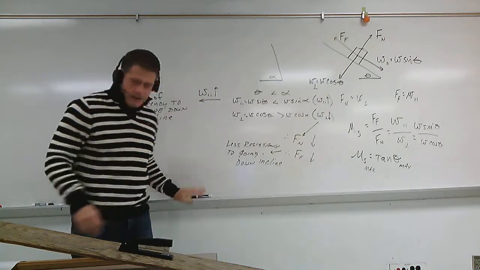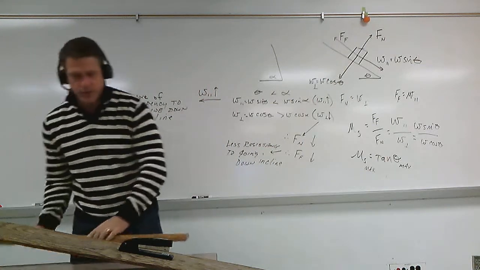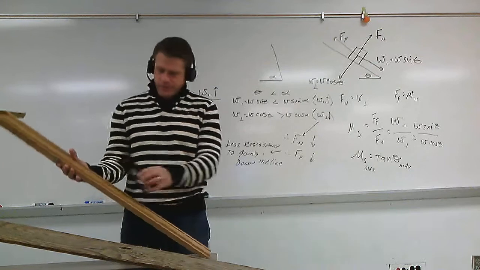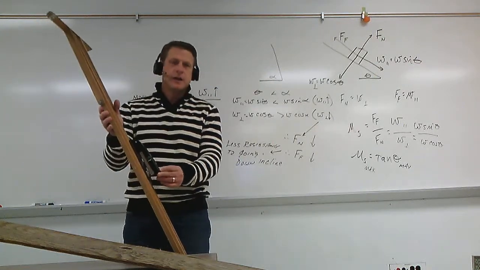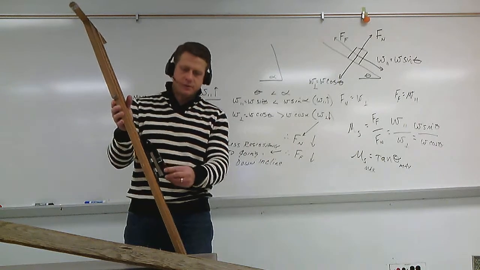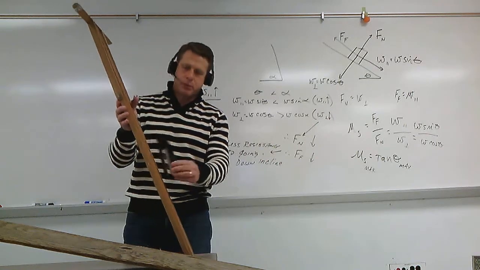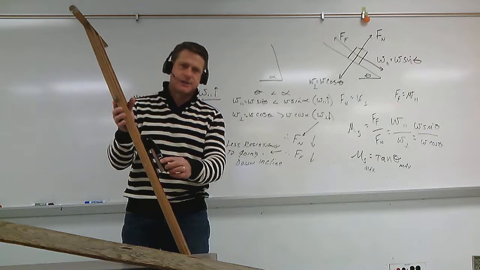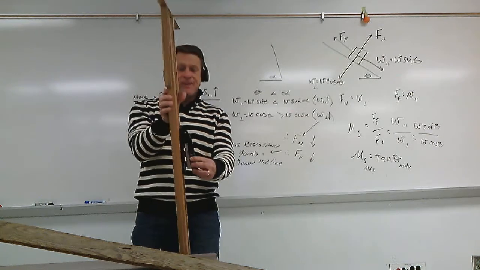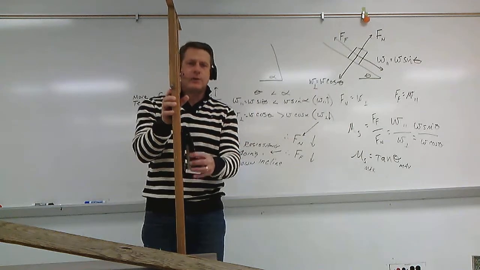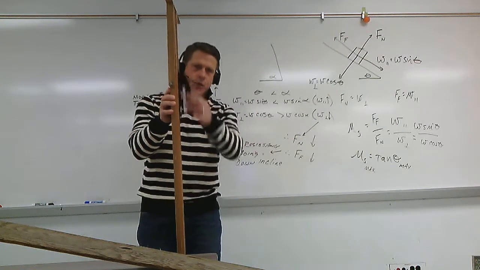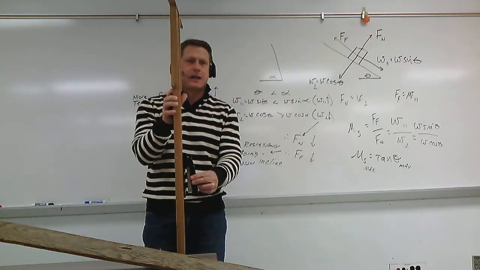Now, of course, the greatest example of this is if I took my stapler like this and kept increasing the angle. Again, the portion of my weight that's pulling this thing down is getting bigger, and the portion of my weight that's sticking it to the surface is getting smaller. If I put the surface like this, weight always acts down, so now all of the weight is going down the incline.